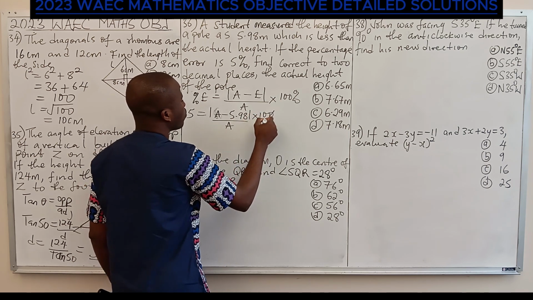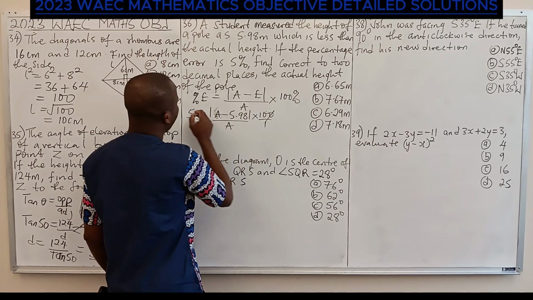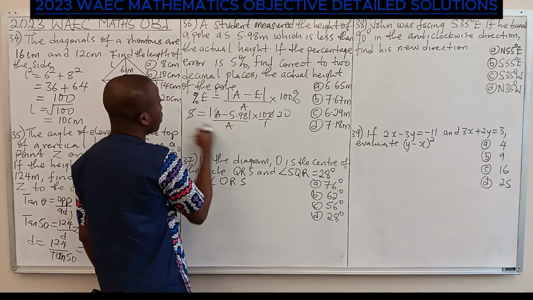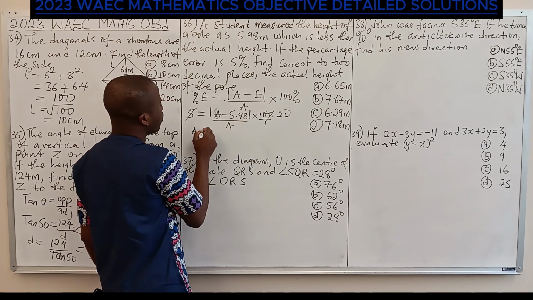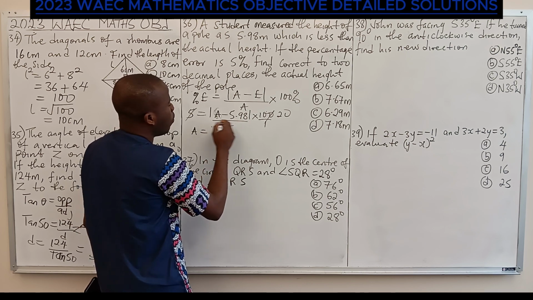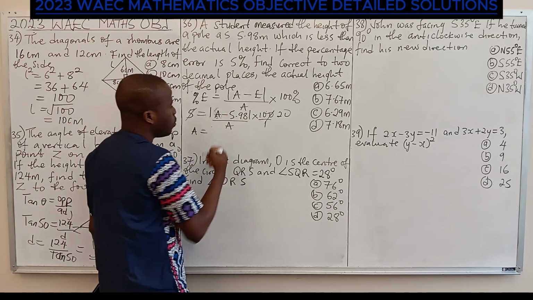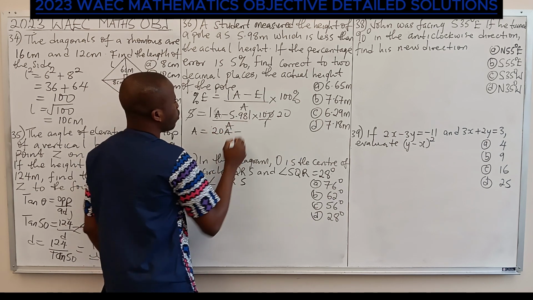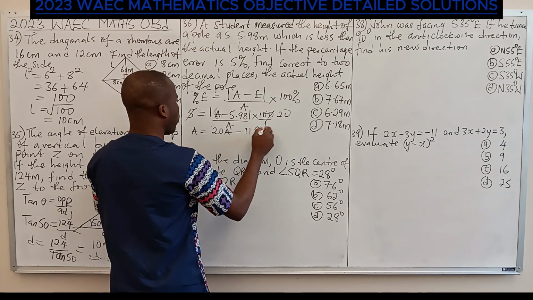So I can cancel. 5 can divide here as 20. And if I multiply this, I'll have, if I open this bracket, believing this is positive, 20A minus 119.6.